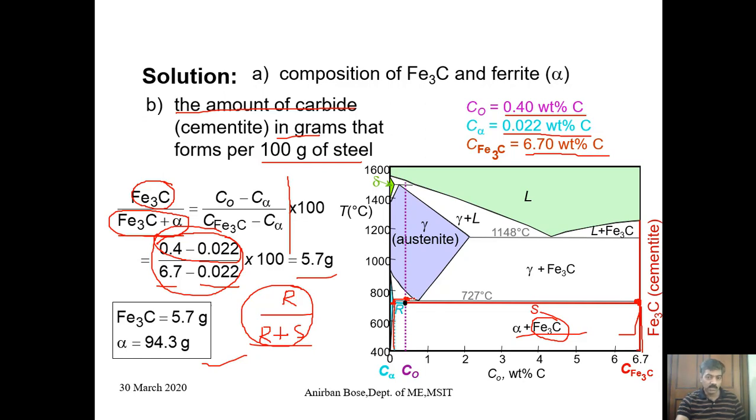Okay, so what is the composition of that? That is basically 0.76. What is the composition of that? That is 0.022. So you can find out by lever rule what fraction is austenite, what fraction is ferrite.